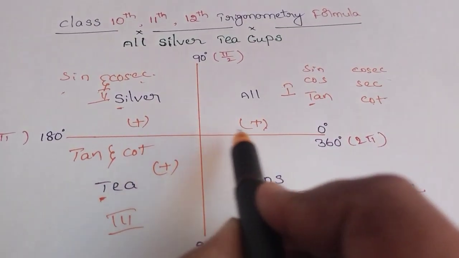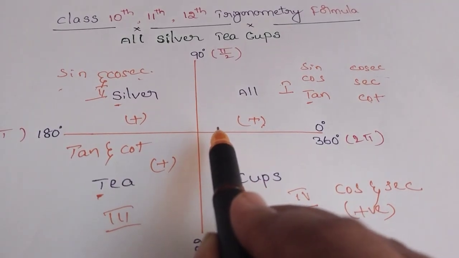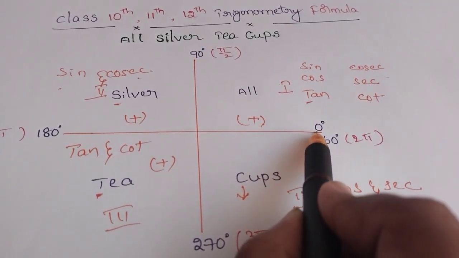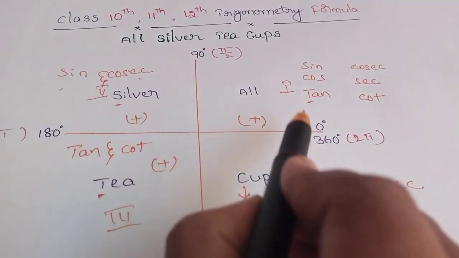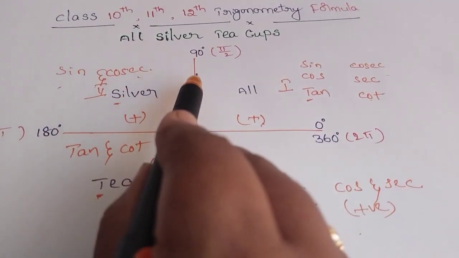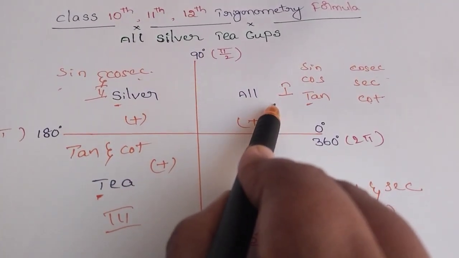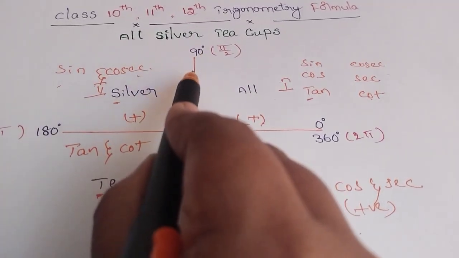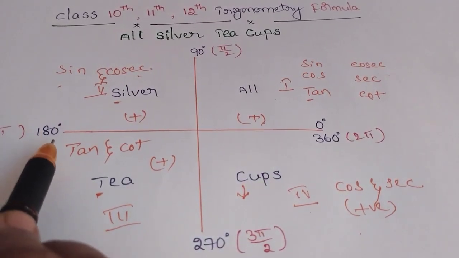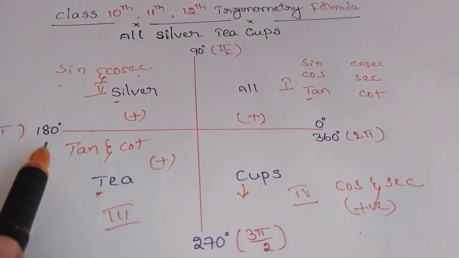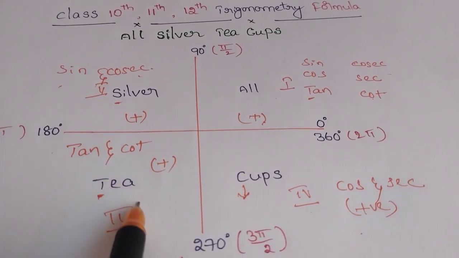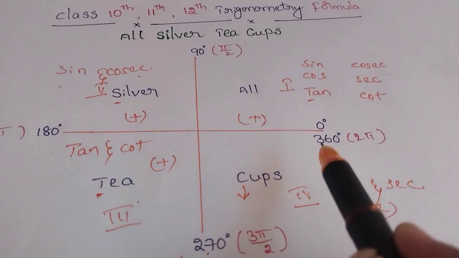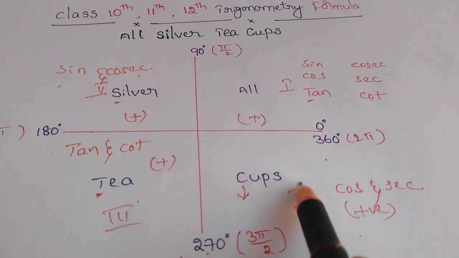The first quadrant begins from 0 degrees and ends at 90 degrees. So 0 to 90 is the first quadrant, and second quadrant from 90 to 180, from 180 degrees to 270 degrees, third quadrant, and 270 degrees to 360 degrees, fourth quadrant.